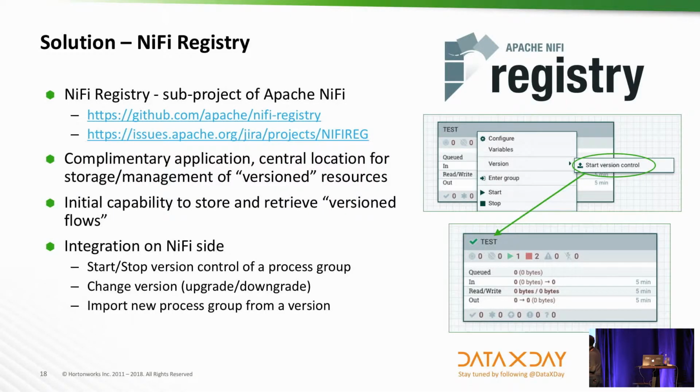So right now, it's only for workflows. So if you are on the NiFi UI, you have a workflow, and you want to start versioning it. So you want to actually save your workflow in the NiFi registry. You just right-click on a process group, and you have a new option in the menu, and you can start version control. So for workflows, you need to see the NiFi registry a bit like a Git backend, a Git repository, where you can actually store your workflows and commit new versions with your changes and so on.